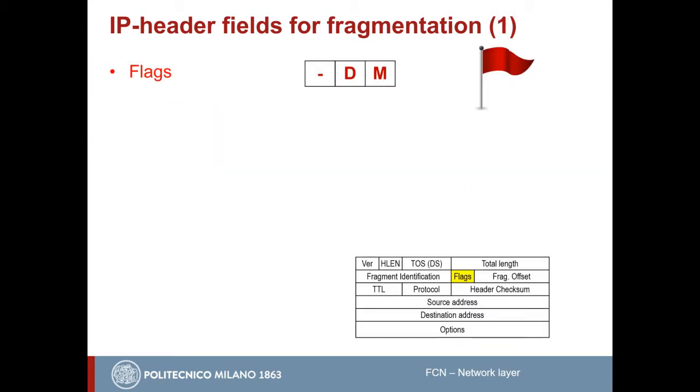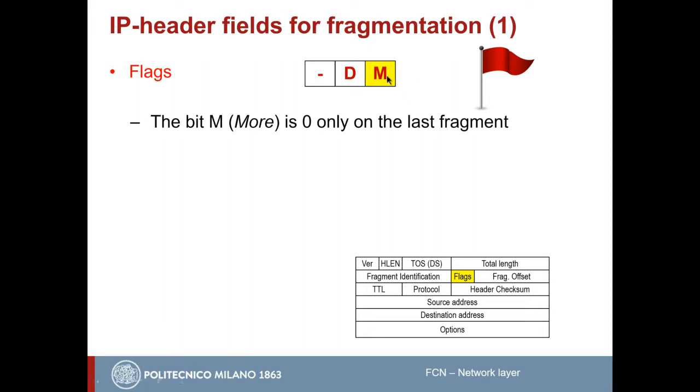Then we have the 3 bits of the flags. The first bit is not used, so it's reserved for future uses. And then we have 2 other flags which are related to fragmentation. The last one is called M, which stands for more.